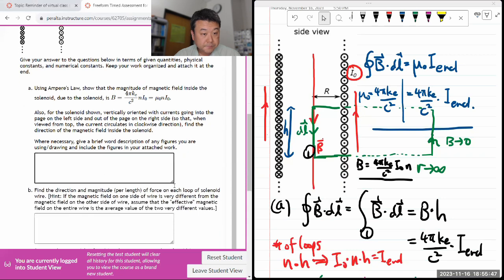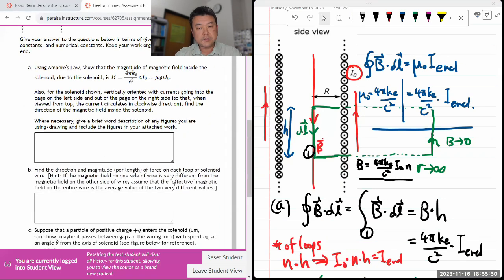The magnetic field inside the solenoid points downward. An Amperian loop of a rectangular shape, going along the magnetic field inside the solenoid, and the horizontal segment perpendicular to the B field, was chosen for the argument using Ampere's law.